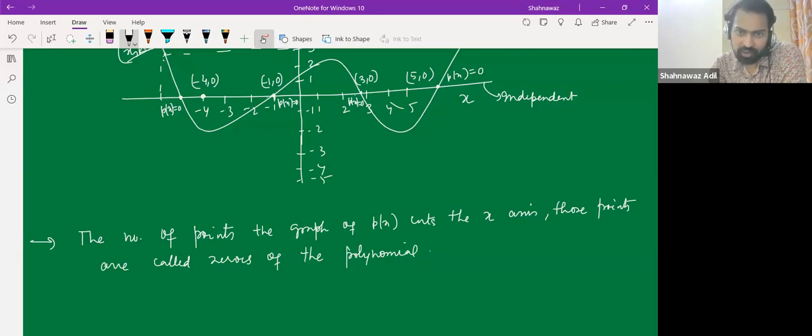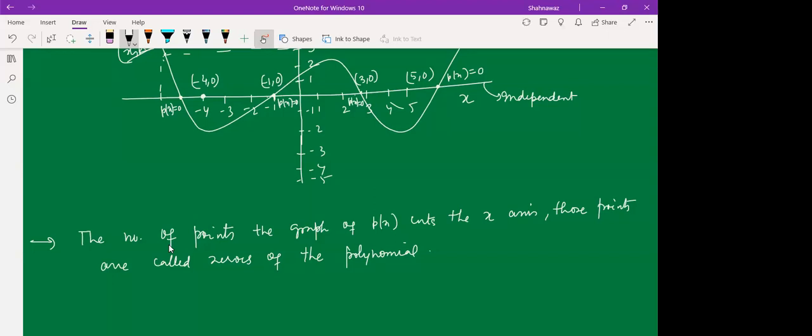Right. So this is how we define graphically the zeros of the polynomial. Okay. Any doubt up to this point? No, sir.